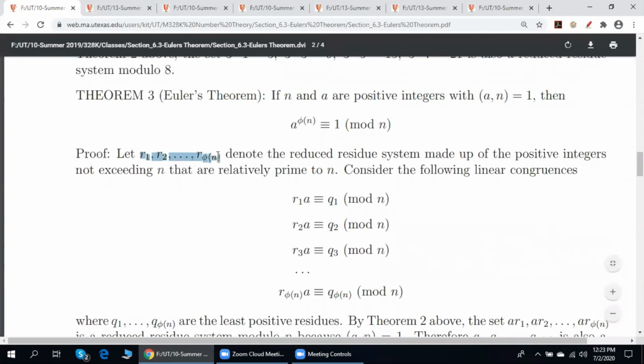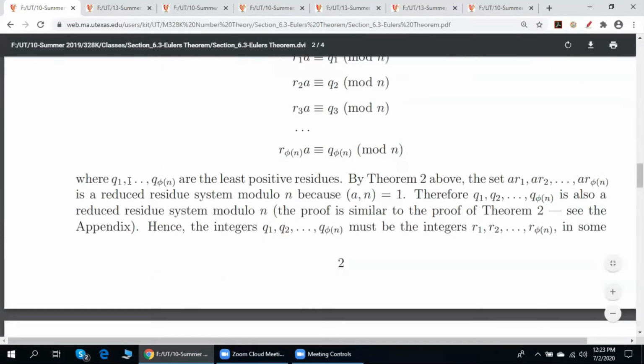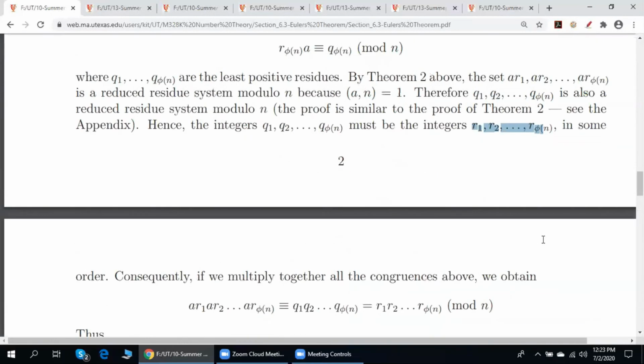Here we say r_1, r_2, and so on, r_phi(n) is a reduced residue system made up of the positive integers not exceeding n. Same is here. These are the least positive residues. Conclusion: these two sets are equal.